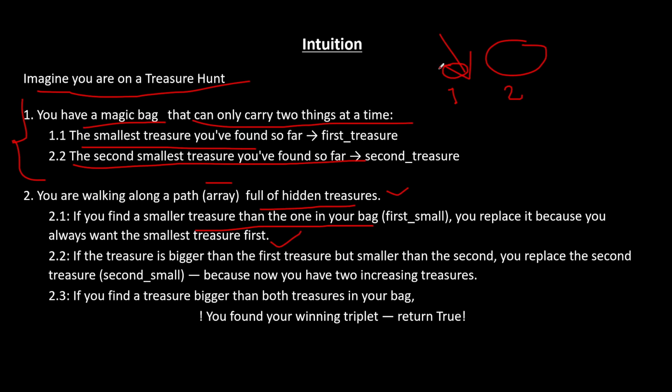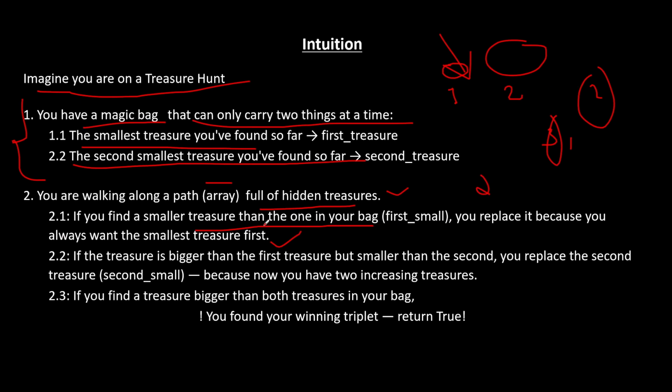If we had some value in the first bag previously, let it be 3, and we came across another value after 3, which is 2, this 2 is smaller than 3, right? So our task is to find the first smallest number. In this case, 2 will be the first smallest number, so we will remove this 3 and add 2.